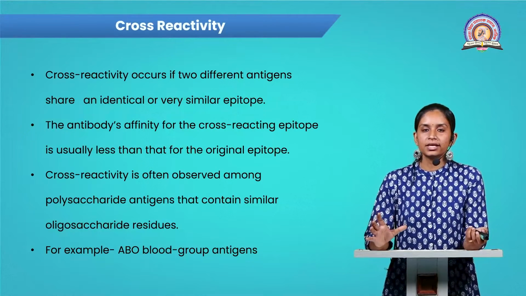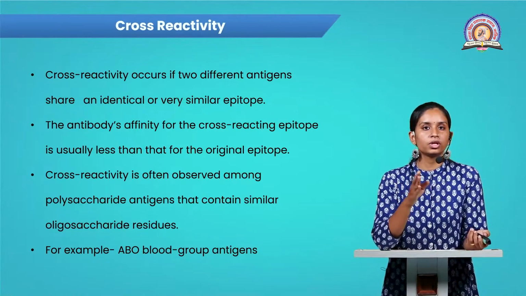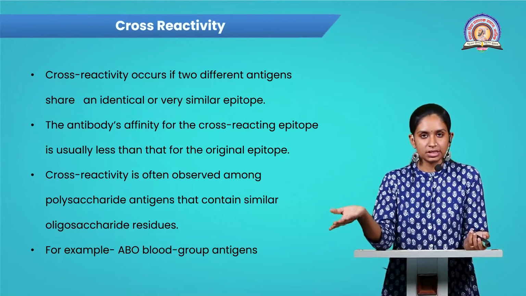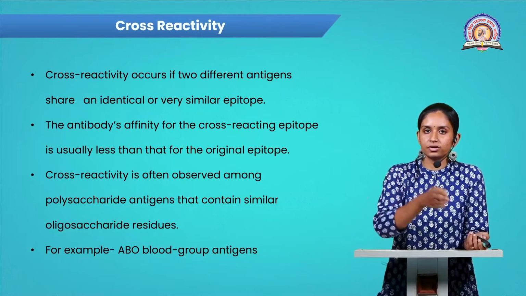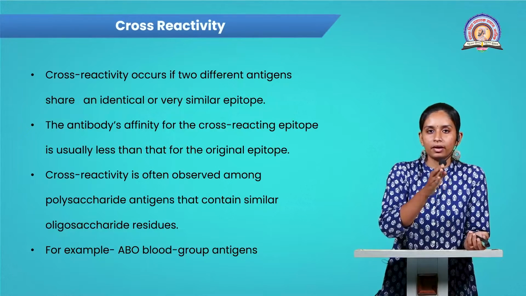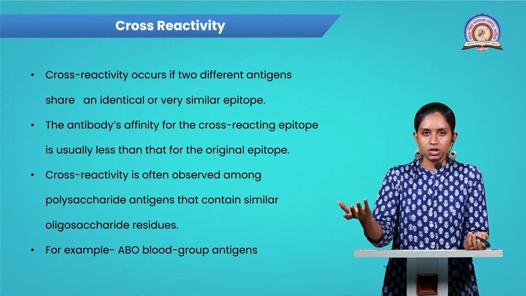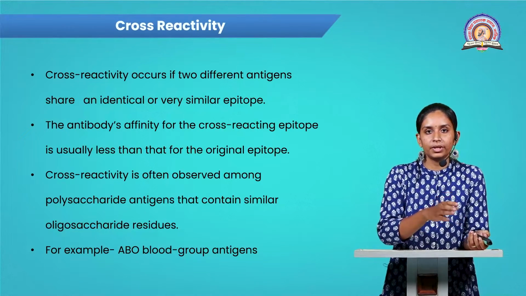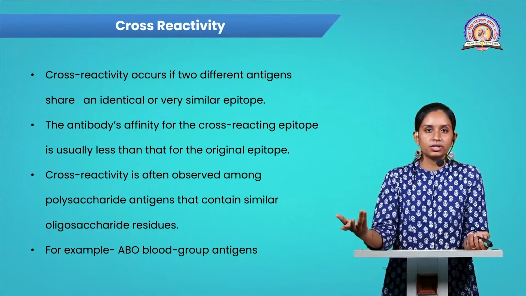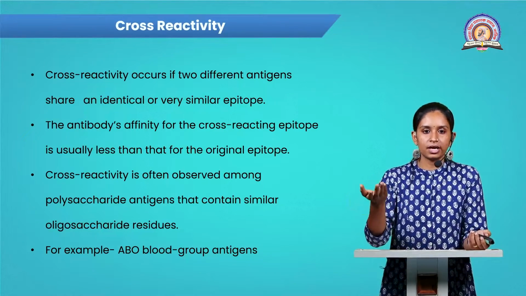So what basically happens is the basic structure of monosaccharide unit is going to remain same in all these different polysaccharides, and due to that if antibody is secreted against the first type of polysaccharide, like two polysaccharides are formed by joining the glucose residues only. So if antibody is formed against the first polysaccharide, then what will happen? Glucose is present in the second polysaccharide also, so it can go and attach to the second polysaccharide also.